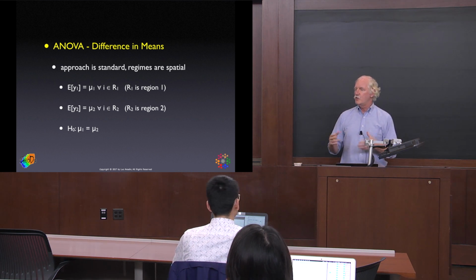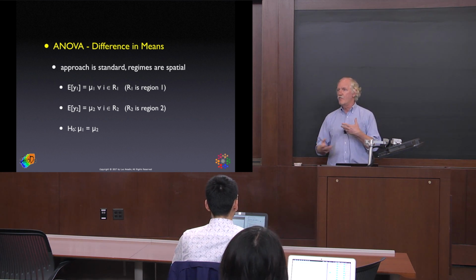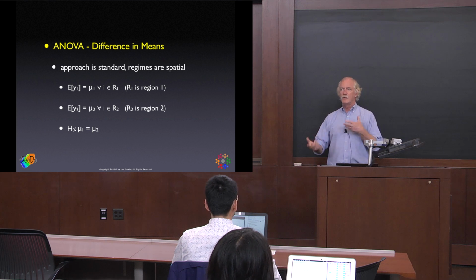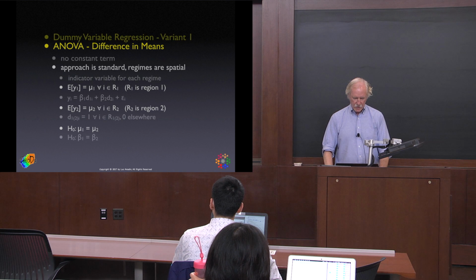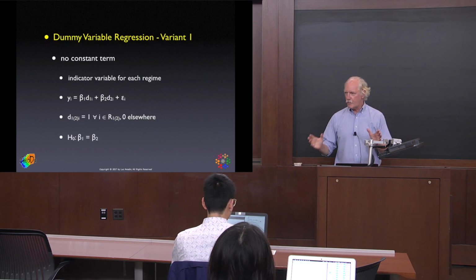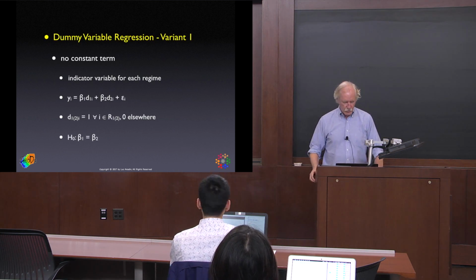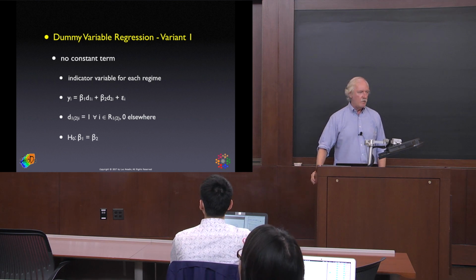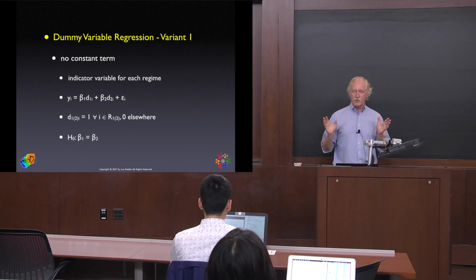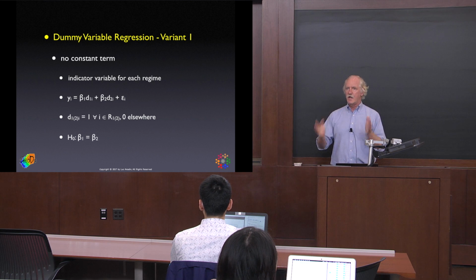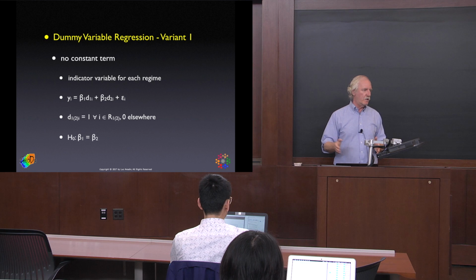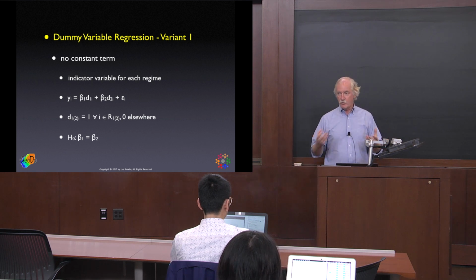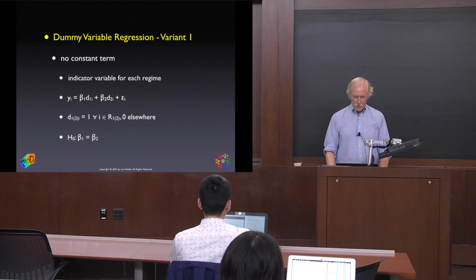And so then you have the equivalent of a t-test, but with the spatial effects taken into account, so it's all done right. There are basically 2 different ways of doing this, and I'm sure you know this, but just to make sure: one is no constant term, but we have an indicator for each regime, so you're either in one or in the other one, and then you can test whether these 2 coefficients are equal.